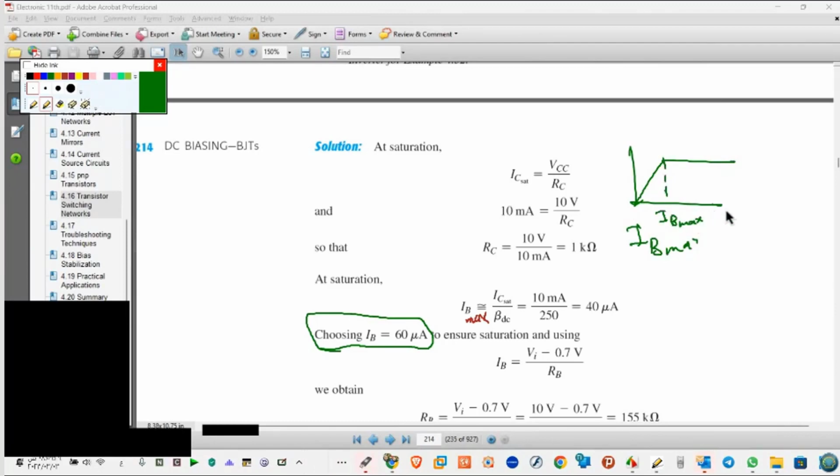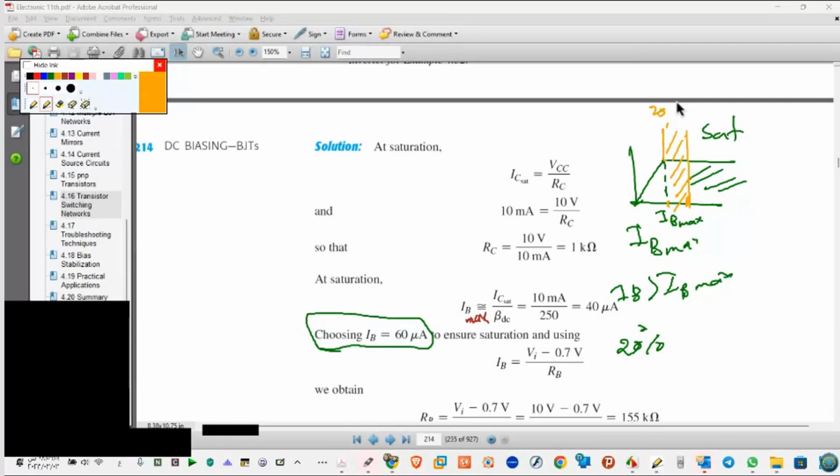I need IB bigger than IB max. So usually, for example, I will multiply by 20%. I will not work here. I will work in this area. So there is a guard. This area is a protecting area, about 20% from this one. So 20% multiplied by IB max.